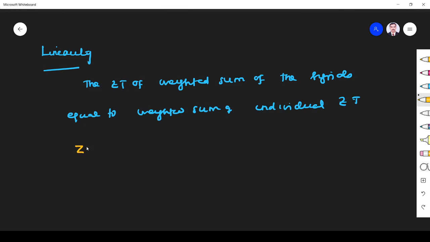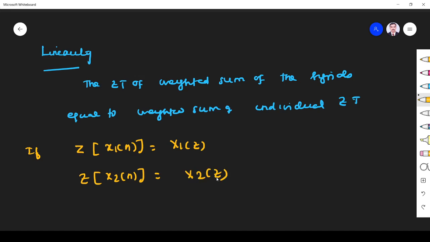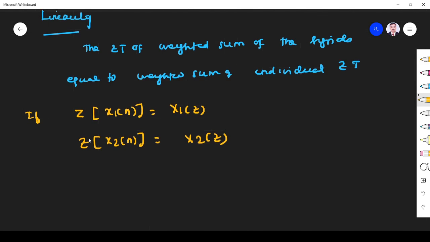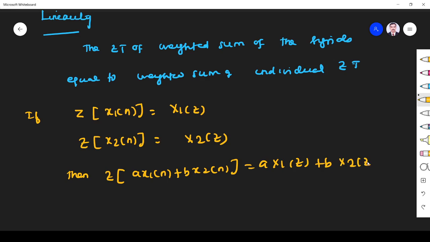Mathematically, if Z transform of x1 of n is equal to X1 of z, and Z transform of x2 of n is equal to X2 of z, then Z transform of a x1 of n plus b x2 of n is equal to a X1 of z plus b X2 of z.